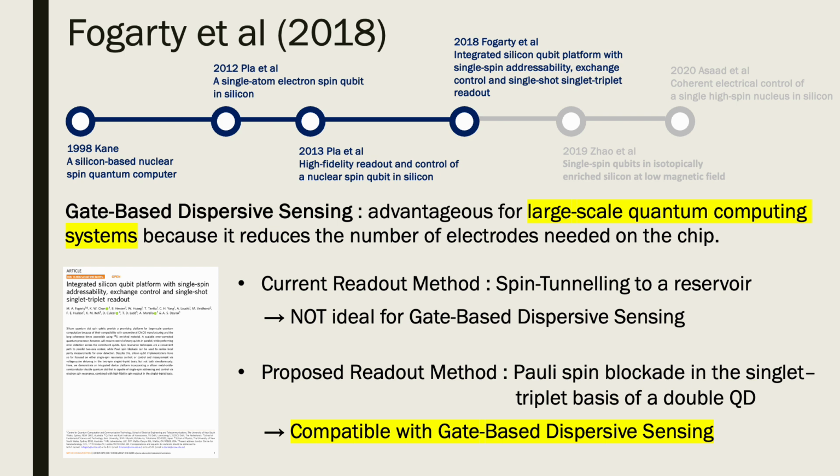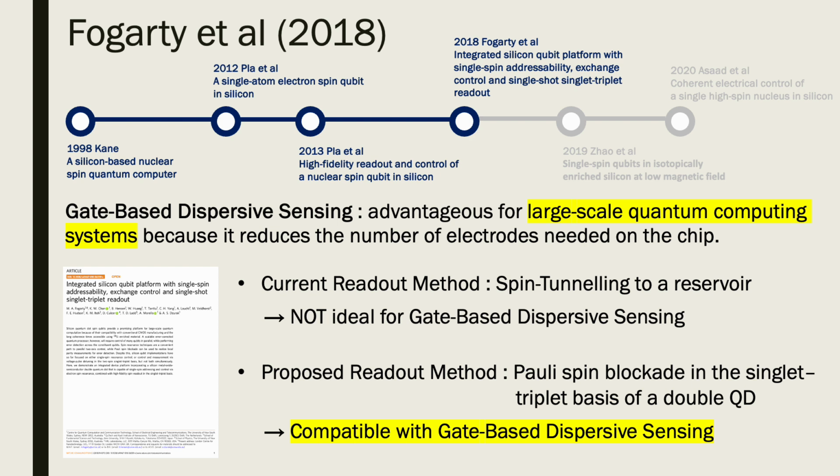The author suggests using a different readout method based on Pauli spin blockade in a structure called a double quantum dot. This method is compatible with dispersive sensing and has additional benefits, such as enabling parity readout for error detection and correction in quantum computing.